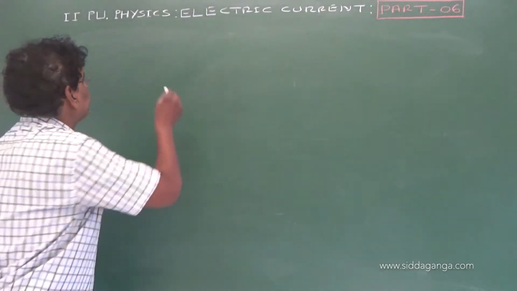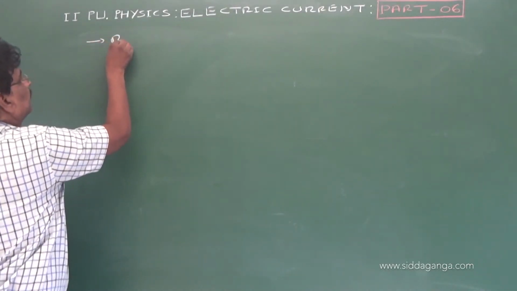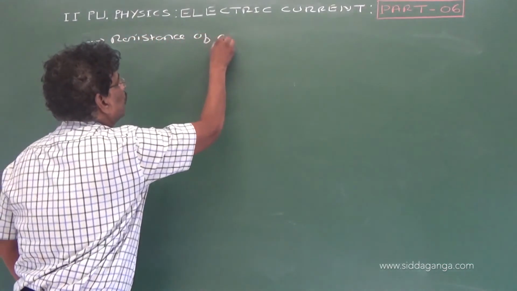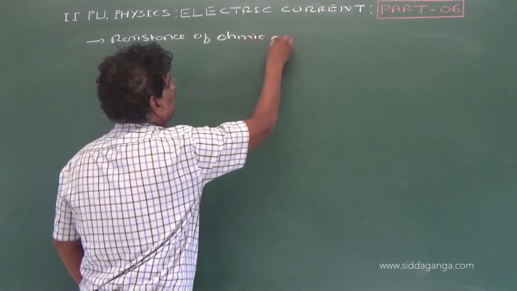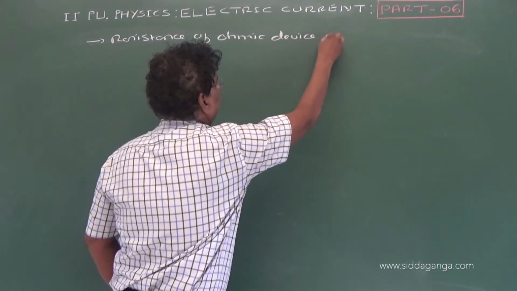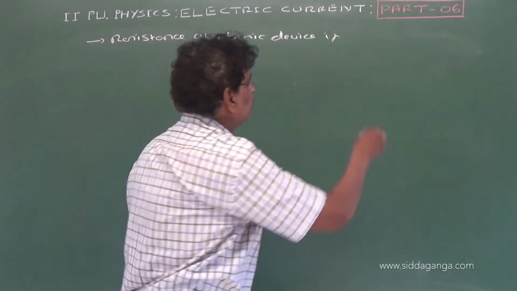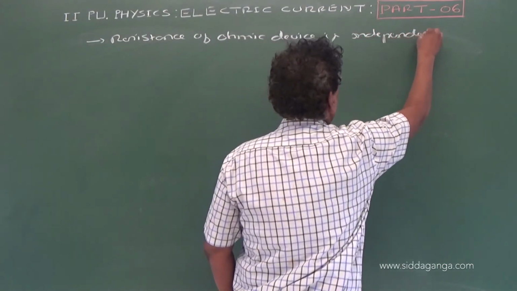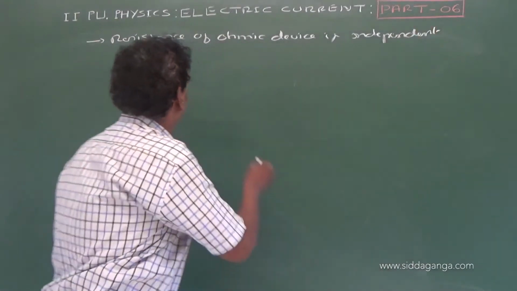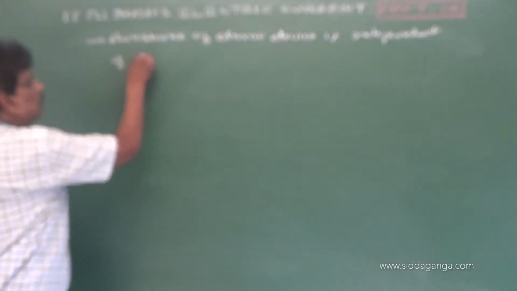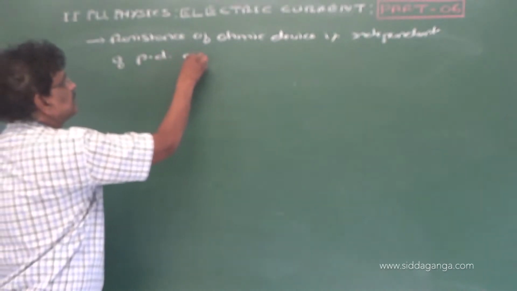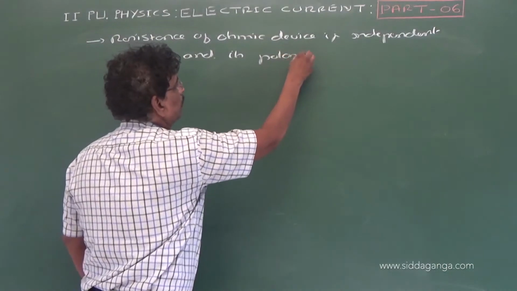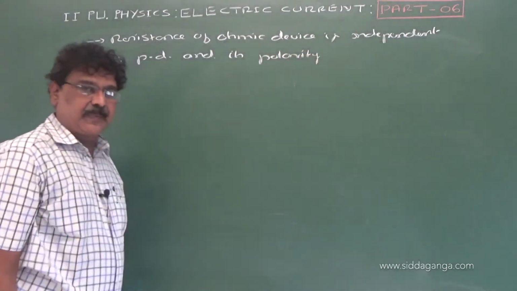It is because the resistance of an ohmic device is independent of potential difference and its polarity.